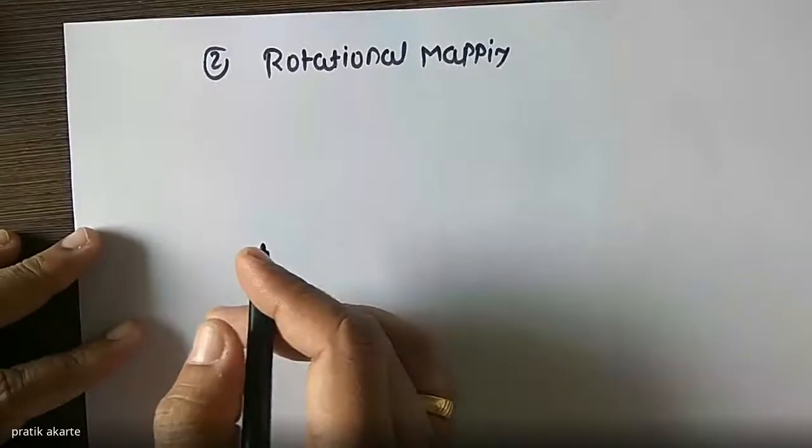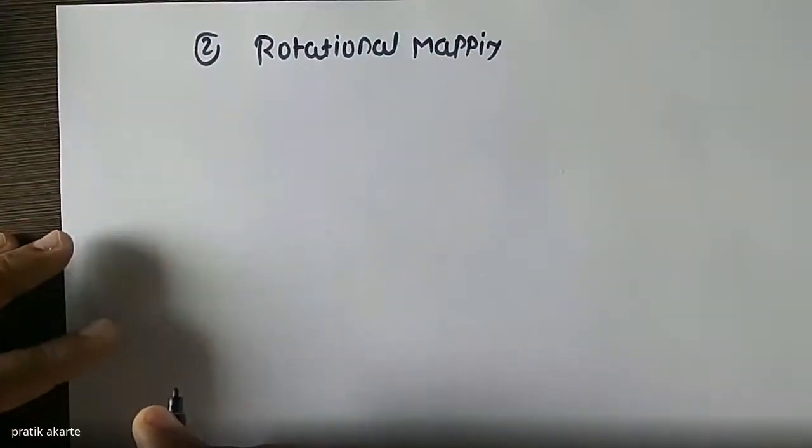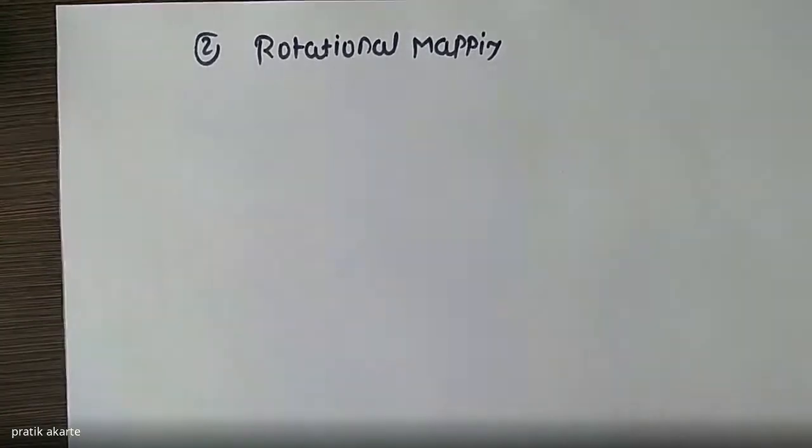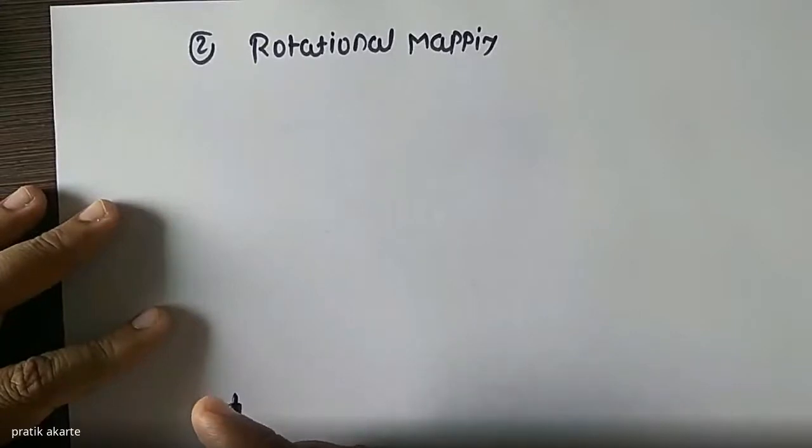But what happens in rotational mapping? Both coordinate systems, that is your new coordinate system and the original coordinate system, have the same origin, a common origin, but the axes are at an angle.